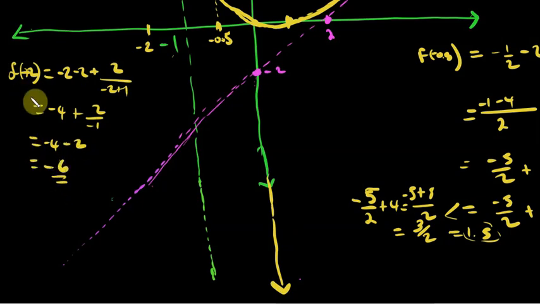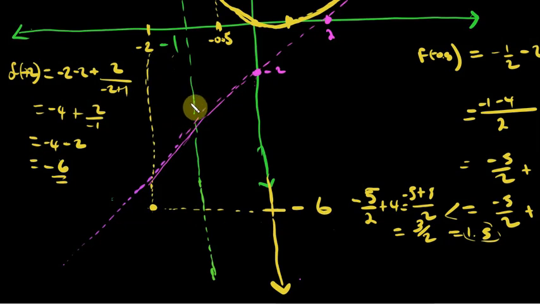So when x is minus 2, y is minus 6. So it's in this region.